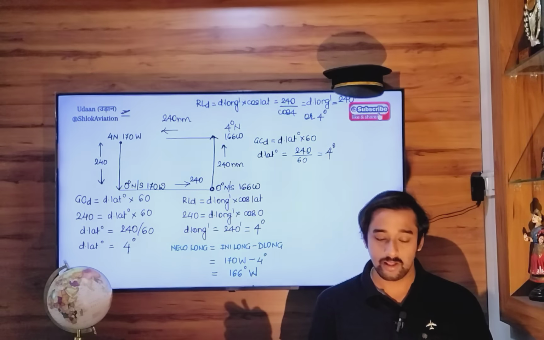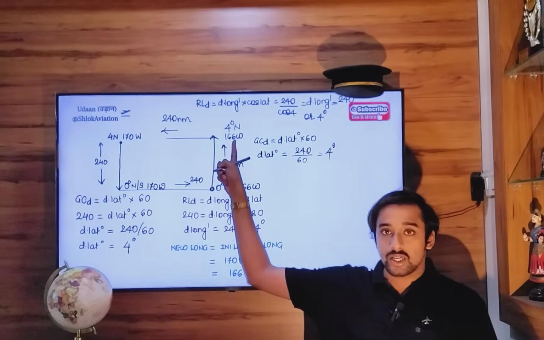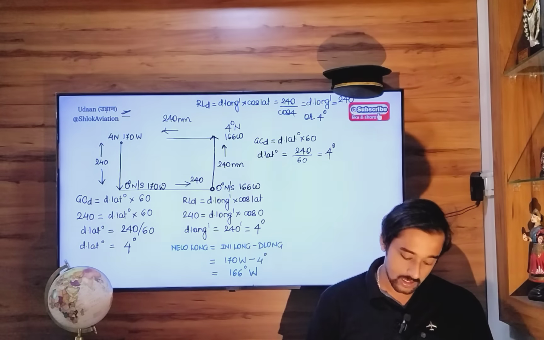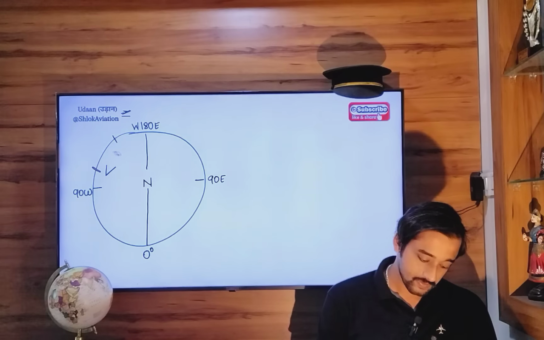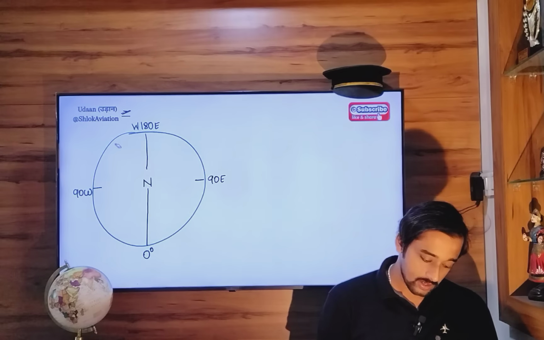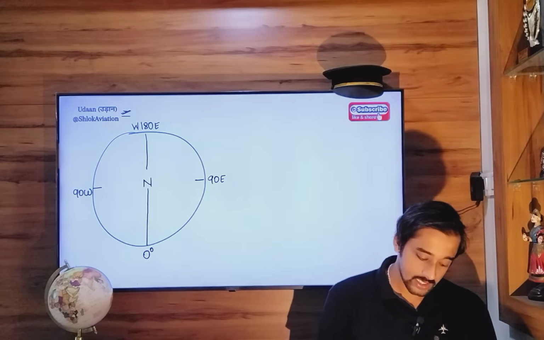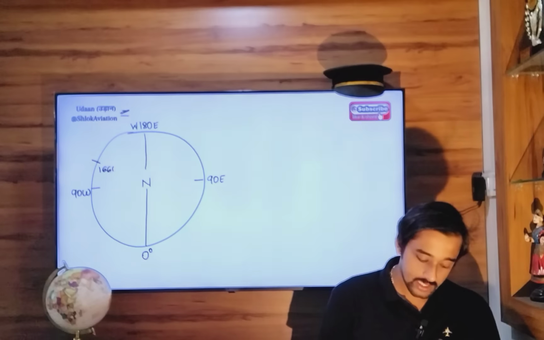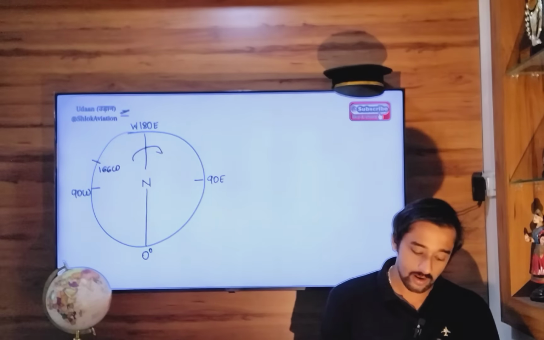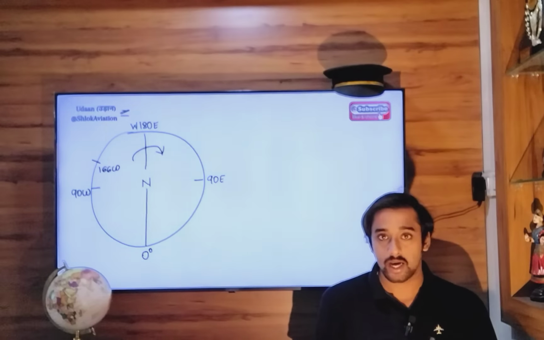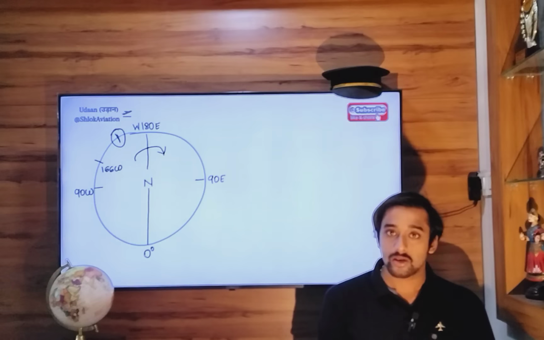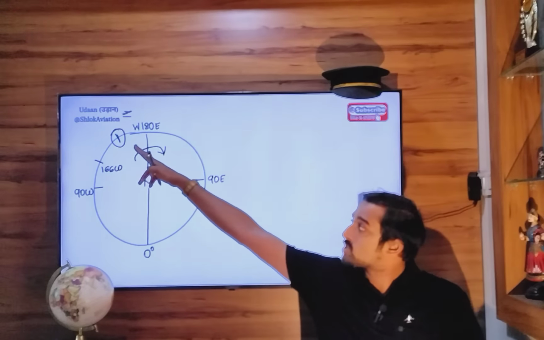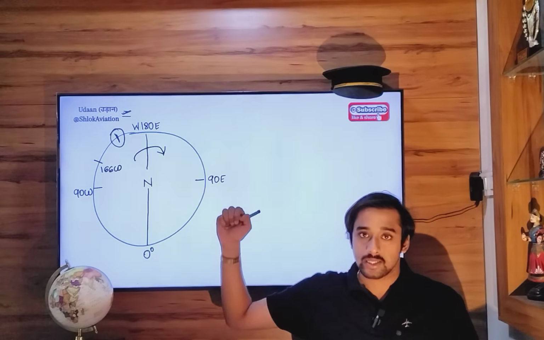So new longitude will be 166 initial plus 4 or minus 4. Now see, I'll erase this. Okay, so your initial longitude in this case is 166 west. When you travel in a westerly direction, you fly in a clockwise direction. So new location will be somewhere to the west of 166 west longitude, meaning the new longitude will be more than 166.